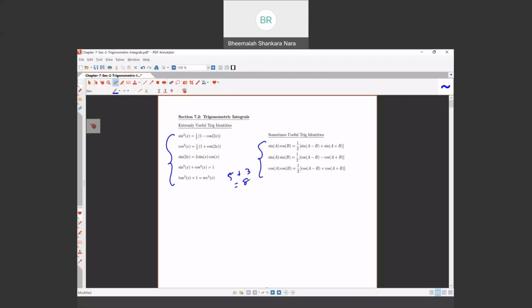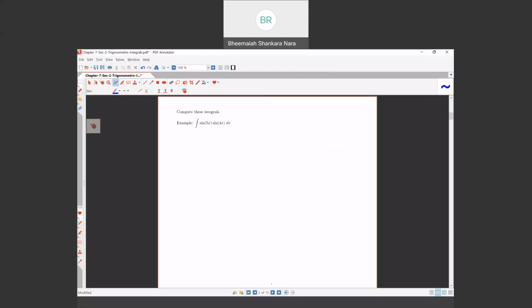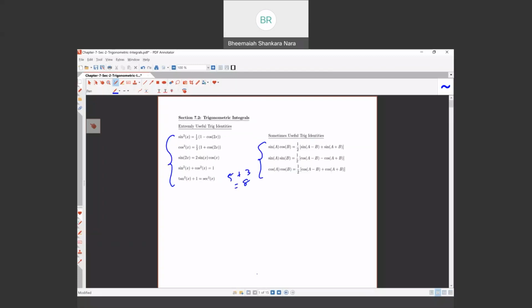So let's do this first example. Sine 5x times sine 4x. So if you go back to our list of identities, sine times cosine. So here, the first one on the right column. This is the identity which will be, I think it is sine times sine.